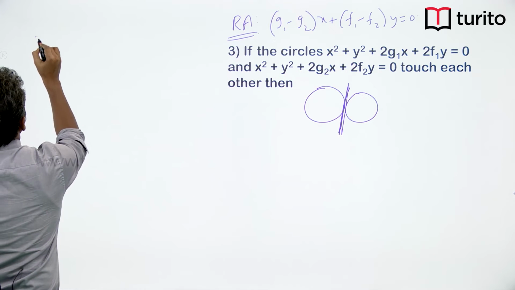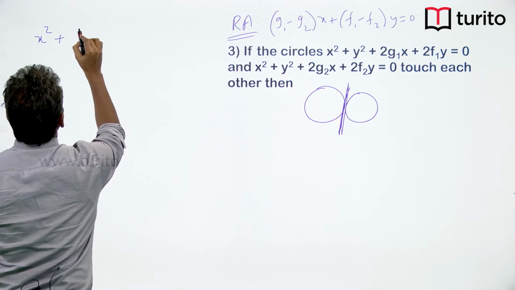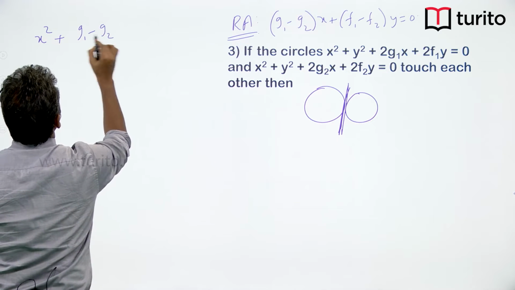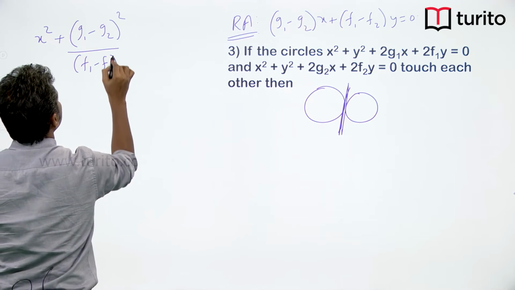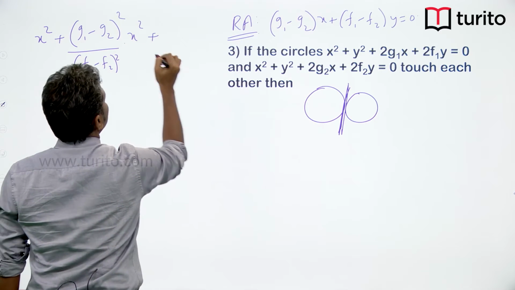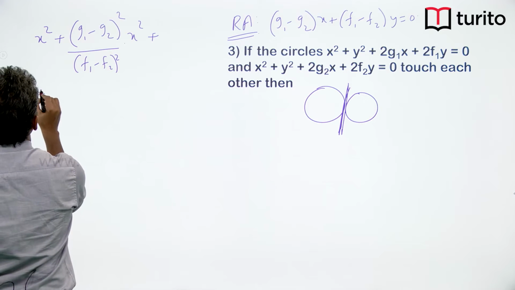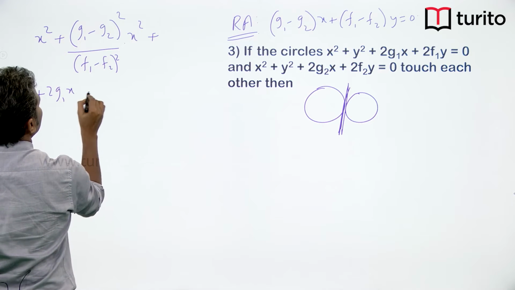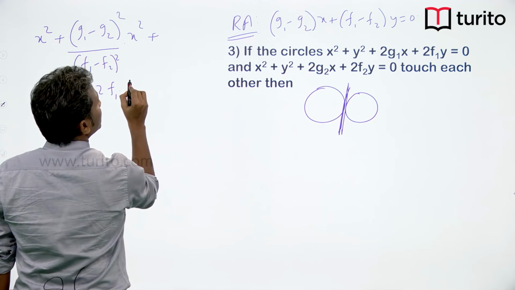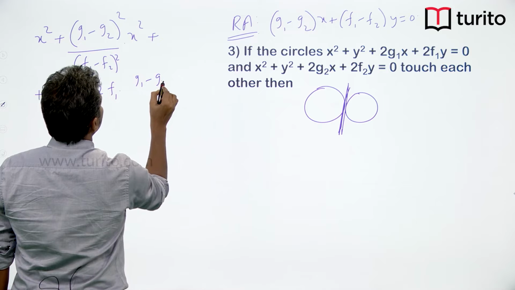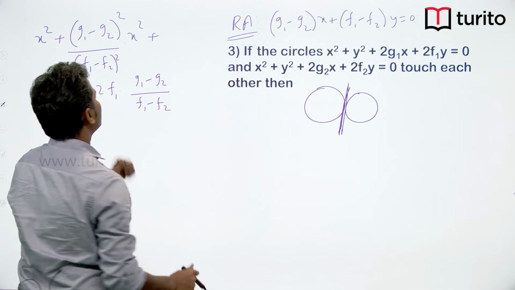X square plus, in place of y, I will write G1 minus G2 whole square by F1 minus F2 whole square into X square. So, I have solved for y here and I am substituting here. Now, plus 2G1x minus 2F1 into, for y I am substituting, so it will be minus G1 minus G2 by F1 minus F2, but already I put a minus sign here. So, it is managed.